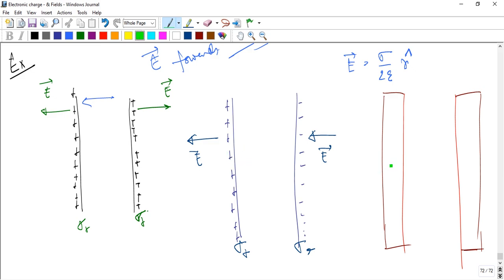This side contains positive charge, and this side contains negative charge. We don't know what the charge is here. If the plate is neutral, there is a minus charge here and a plus charge here.